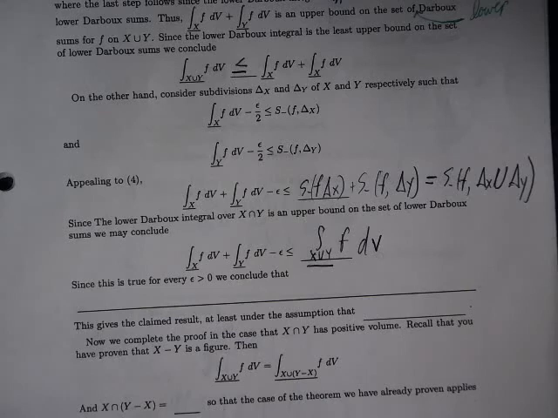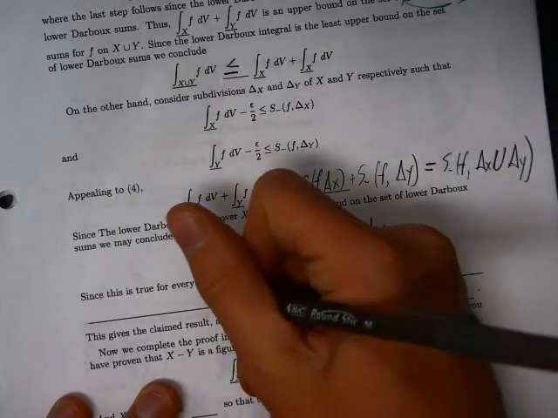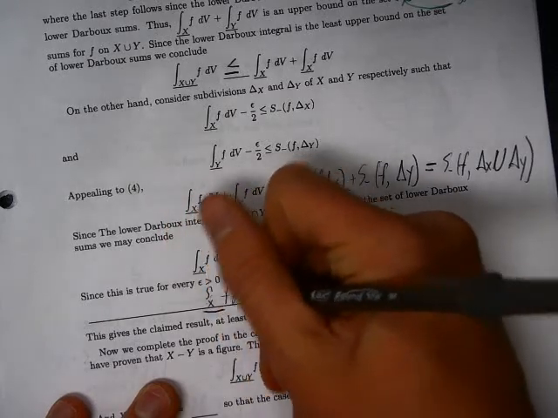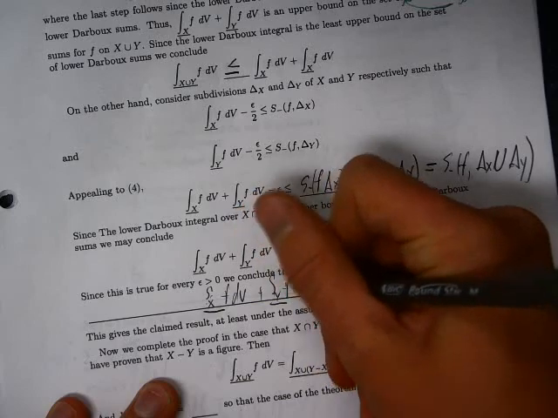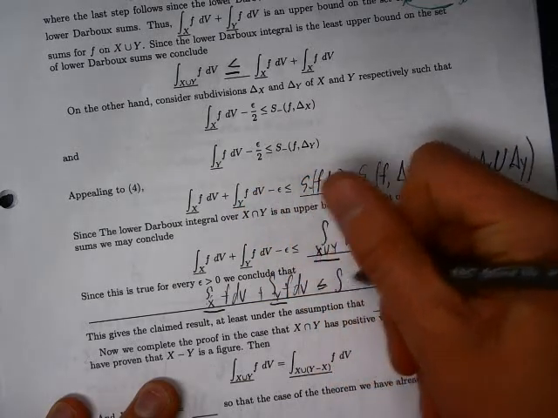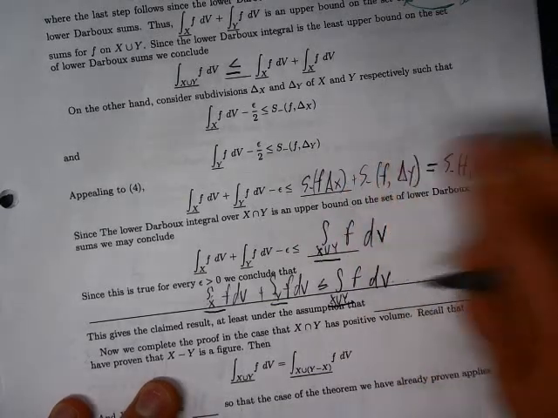When I assigned it, I said this might seem obscure, but it's going to be used constantly. To conclude that the integral over x of f dv plus the integral over y of f dv is less than or equal to the integral of f over x union y dv.